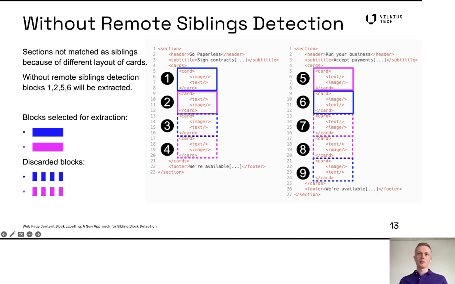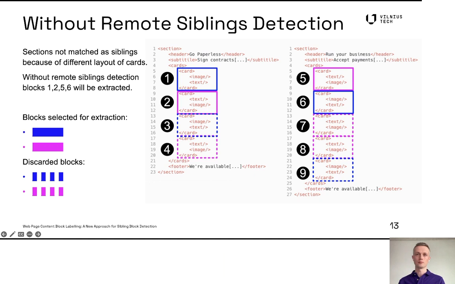In this case, different card layouts prevents these sections from being matched as similar blocks. So we need to analyze the content of each section and try to extract similar data from them. We can see two distinct card layouts in both sections. These are marked by different colors.